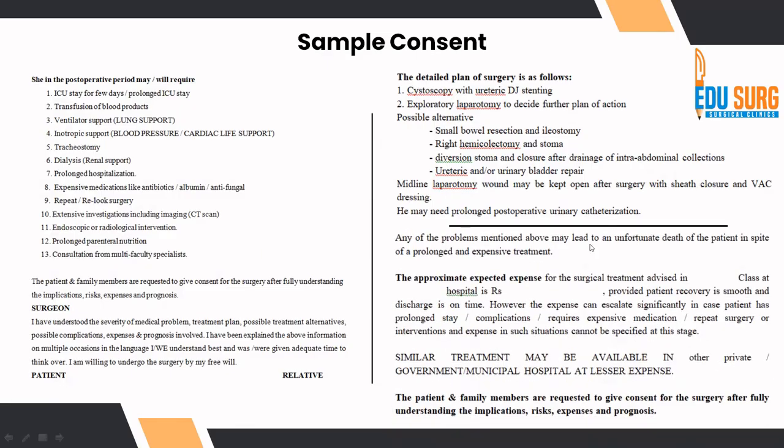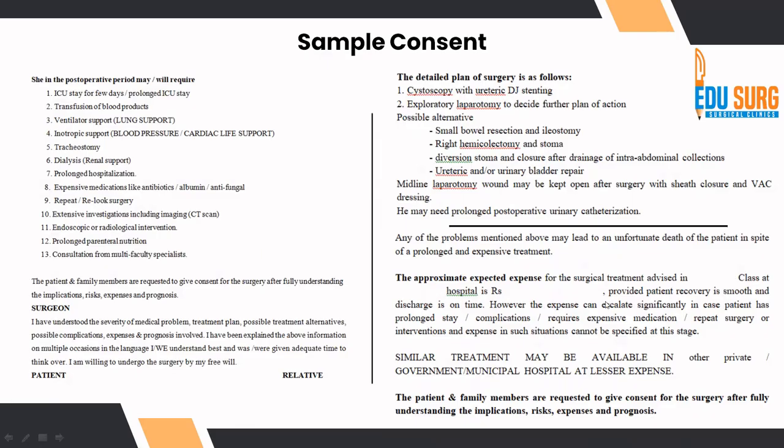If it's a complex surgery, like say pancreatic necrosectomy, then we also mention a line that the patient can have an unfortunate fatality in spite of a prolonged and expensive treatment. In these cases, we also provide an expected expense of the surgical procedure in the patient preferred class and in the hospital.